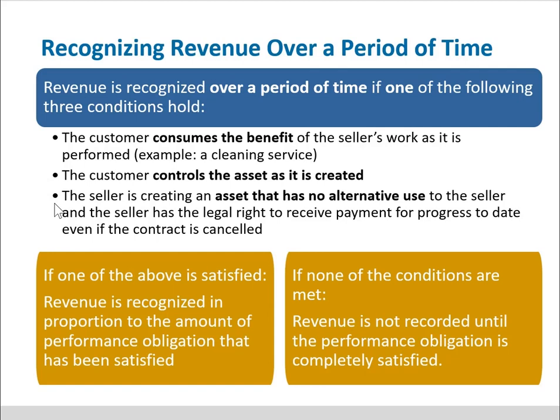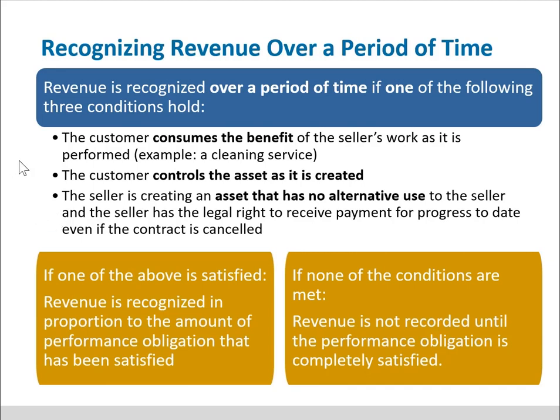The third situation here is where the seller is creating an asset that's really customized, and so it's creating this asset that will have no alternative use to the seller, and the seller has a right to receive payments for progress to date even if that contract gets canceled. These last 2 conditions are perhaps less common than the first one, but these are actually conditions that oftentimes exist in long-term construction contracts, and so oftentimes revenue from long-term construction contracts is recorded over the construction period itself.